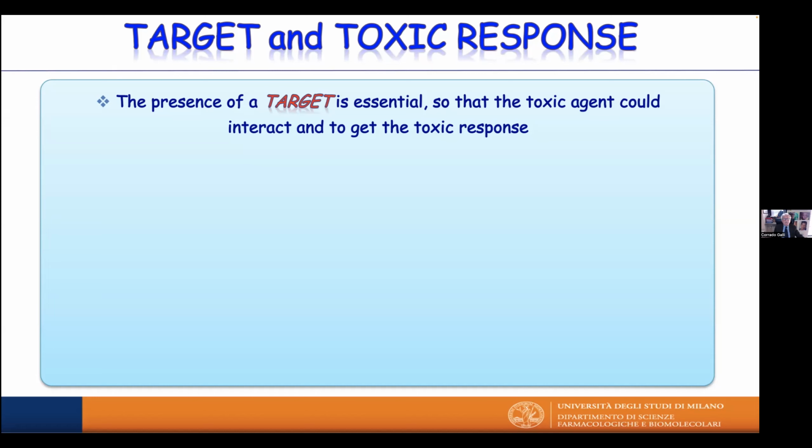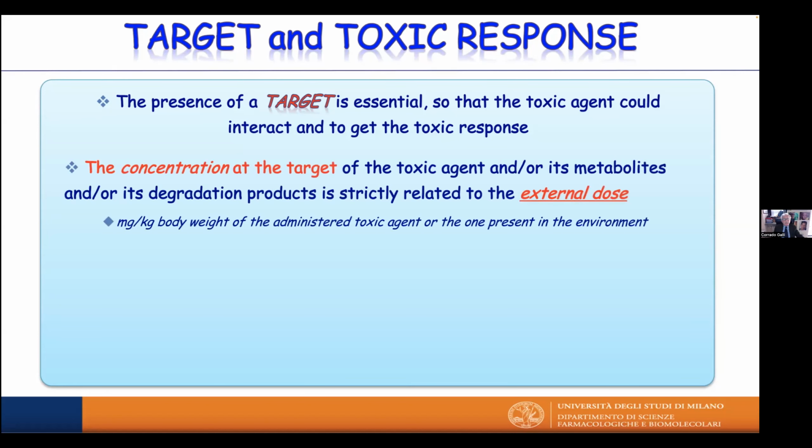Absorption is very important, because if your chemical is not absorbed, then it is very difficult for it to produce systemic toxicity. And if your chemical is metabolized, I would tell you that 80% of the time the toxicity is given by a metabolite.